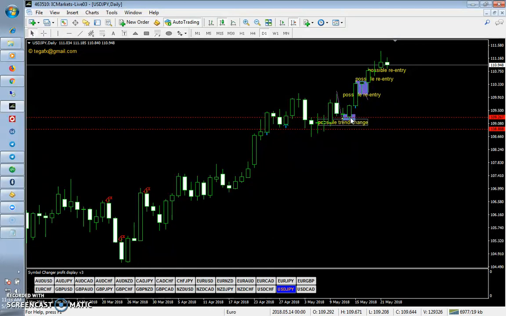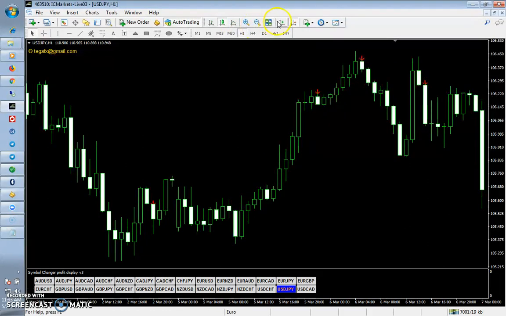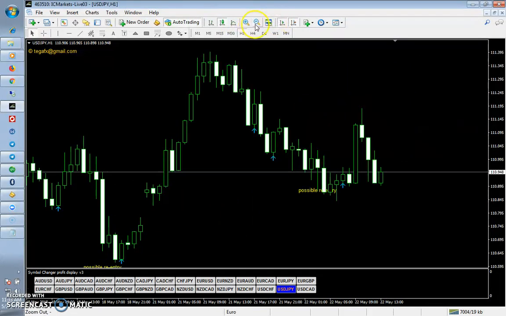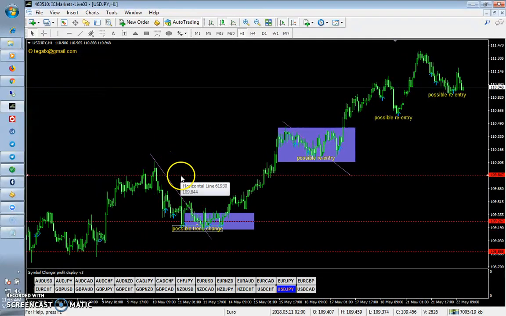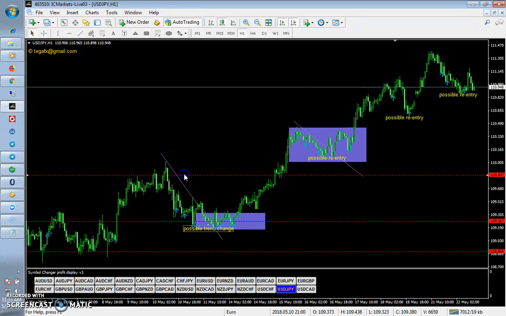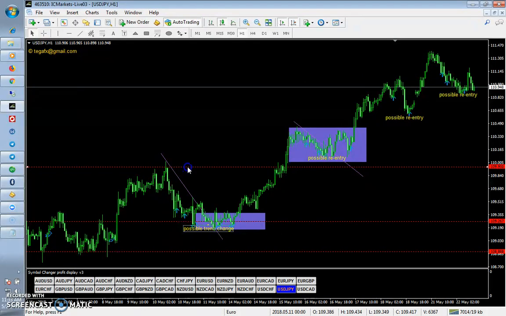And also you notice this. So you need to know how to draw support. I'm not teaching anything, I'm just explaining how I use the signal. You notice, if you adjust this very well around here, there's support.